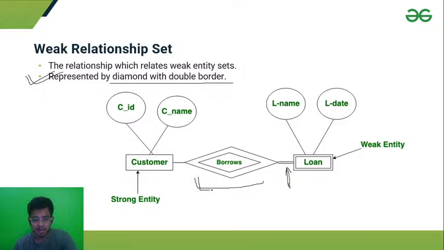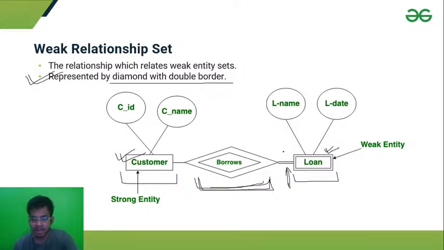So for now, borrow is a weak relationship set. This loan is a weak entity, and this customer is a strong entity. The strong entity is represented by a single border rectangle, and the weak entity by a double border rectangle.